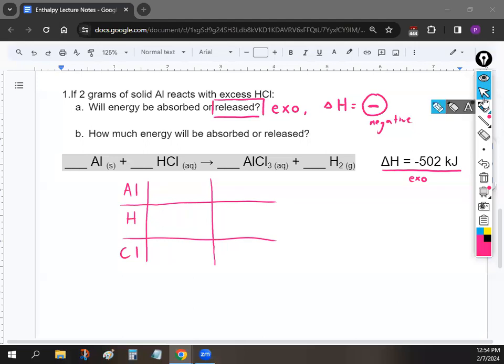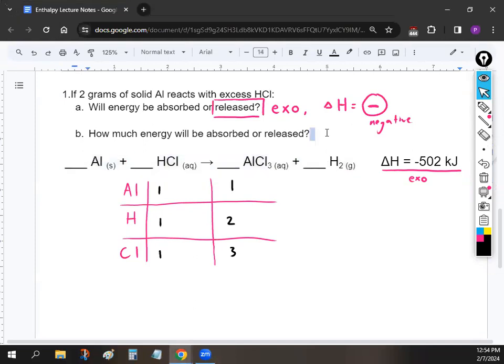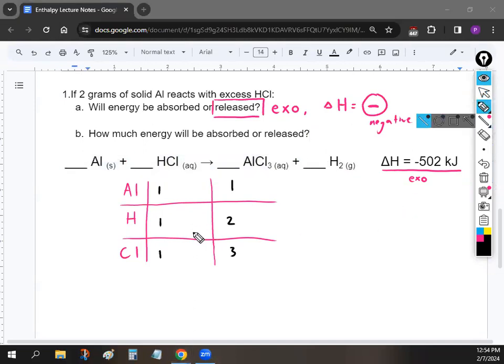All right, so for your counts, should be pretty simple. You got one of everything on the left side, and then you got one aluminum, you got 2 hydrogens, and 3 chlorines, okay? All right, what we want to do now is we want to make sure they're balanced on both sides. Now, if you notice, we're going to run into a problem because we need to balance the hydrogen and chlorine. So we're going to add HCl.